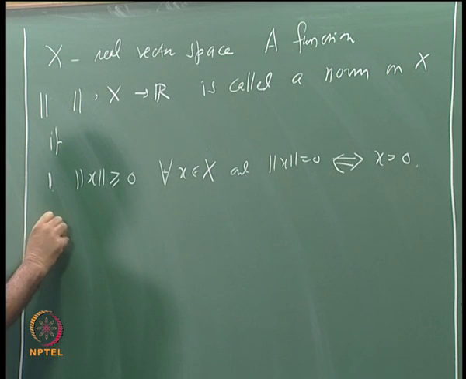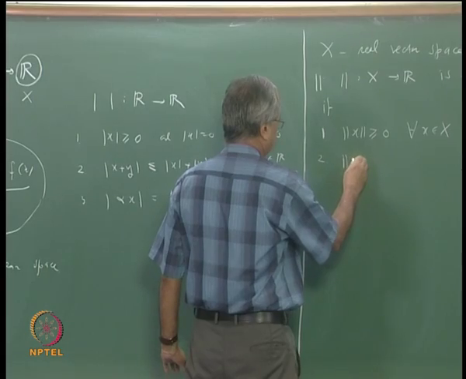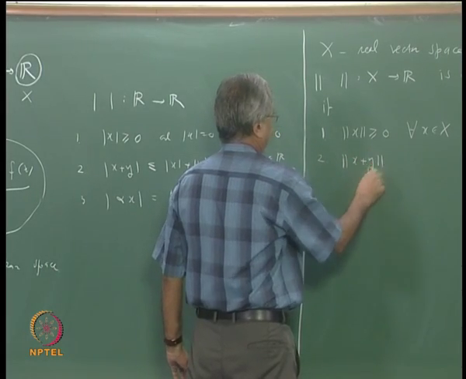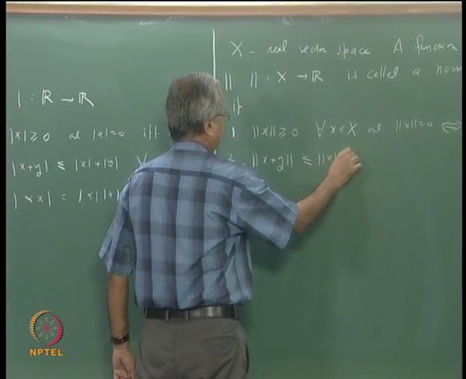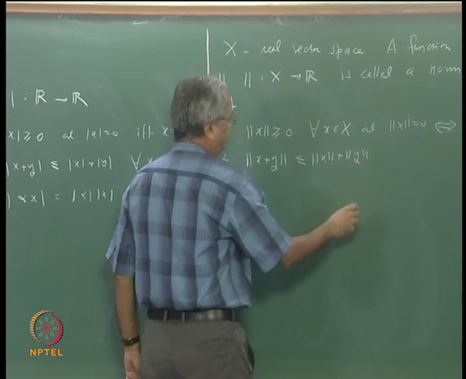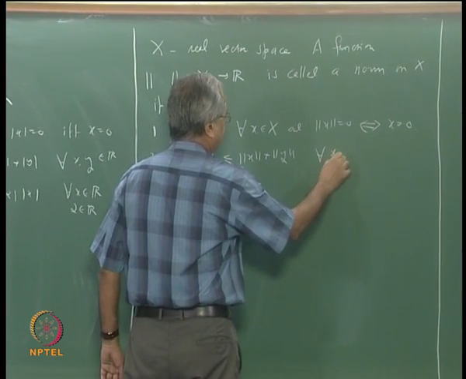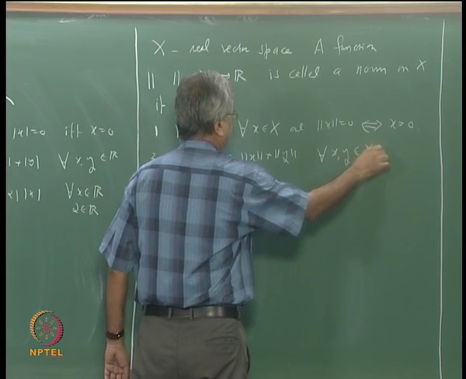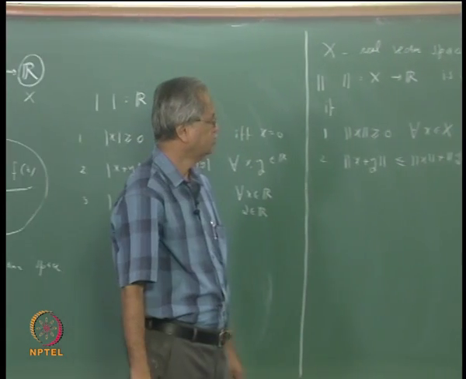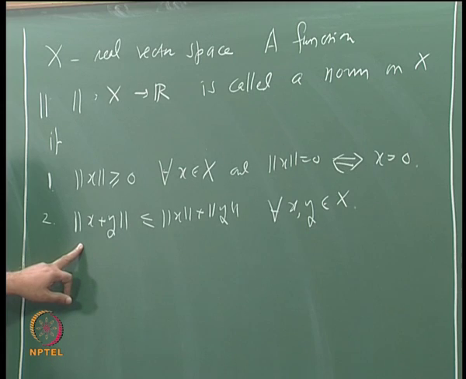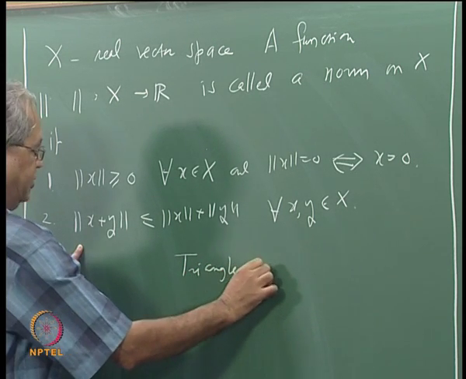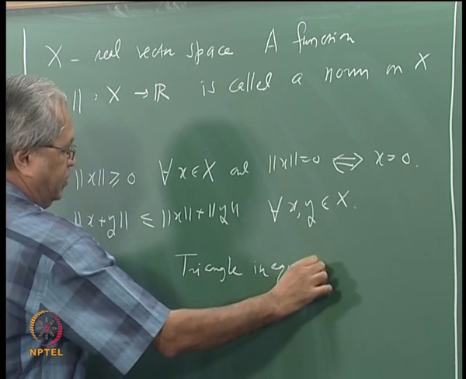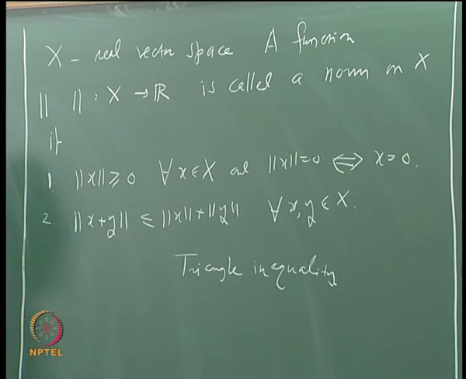Second property is this, norm of x plus y is less than or equal to norm of x plus norm of y for every x, y in X. This is a property which is usually described as triangular inequality.